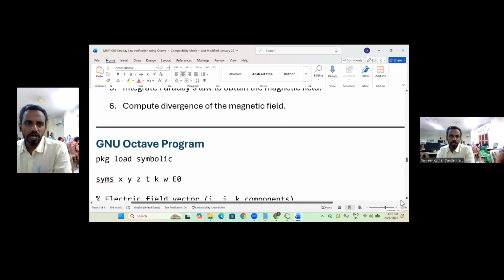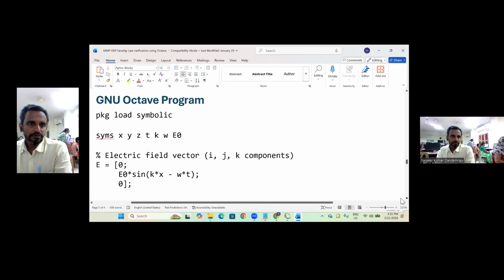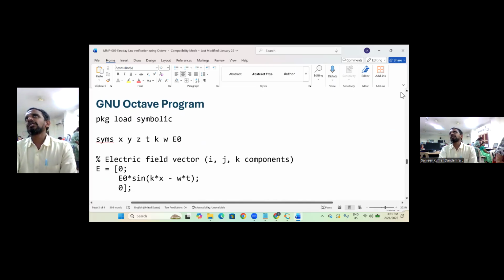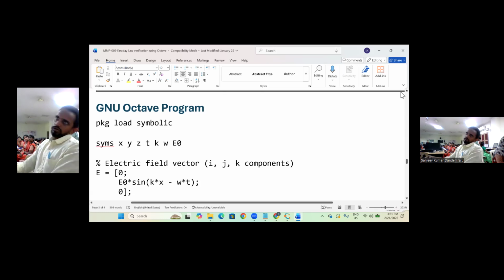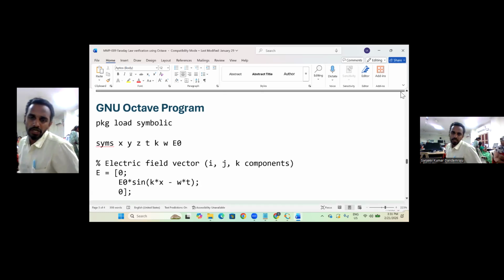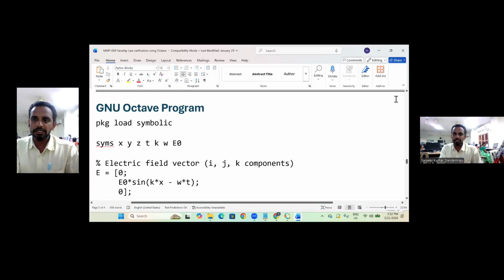Okay, so I'm representing everything here. Till now we have dealt with only numbers. Now we'll see how MATLAB performs symbolic calculations, like kx minus omega t.